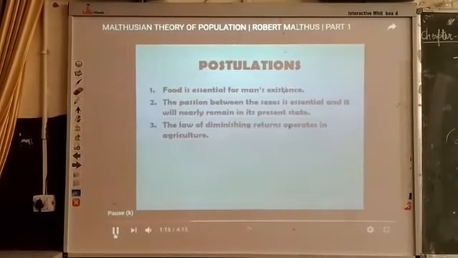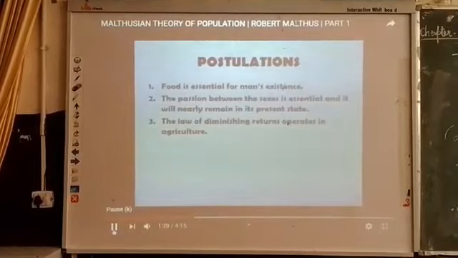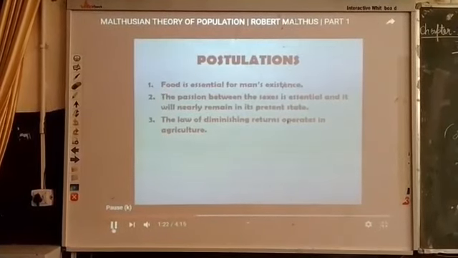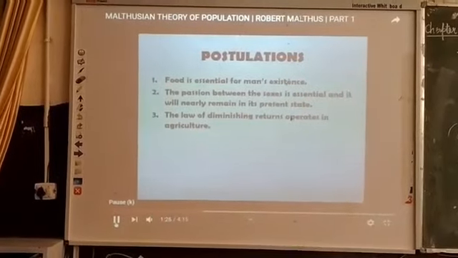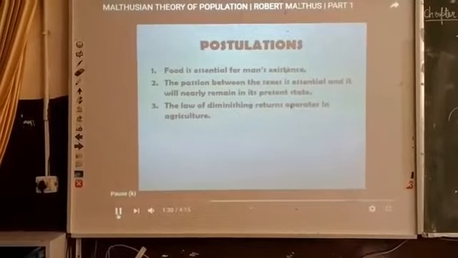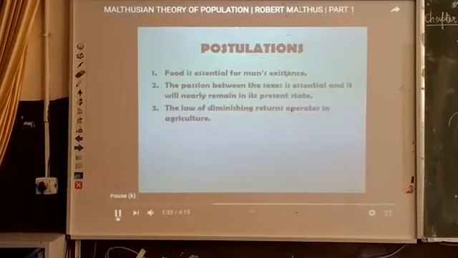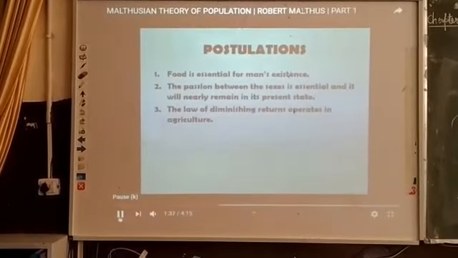Here we have the postulations or the assumptions of the theory. The first assumption is food is essential for man's existence. That is, there is no alternative for food. Next, the passion between the sexes is essential and it will merely remain in its present state.